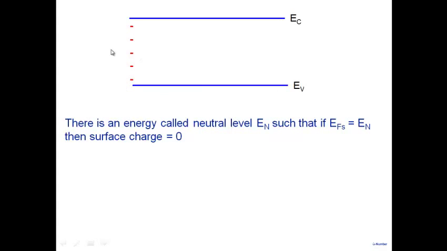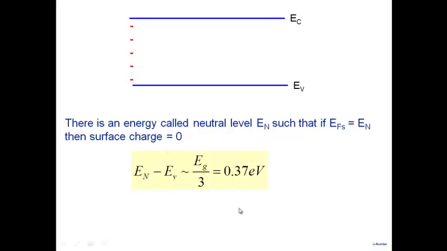So the point is that I have a lot of states at the surface. Some of them will be positively charged, some of them will be negatively charged. And we have a concept called neutral level. Neutral level means that if the Fermi energy at the surface coincides with the neutral level, then the surface charge is 0.